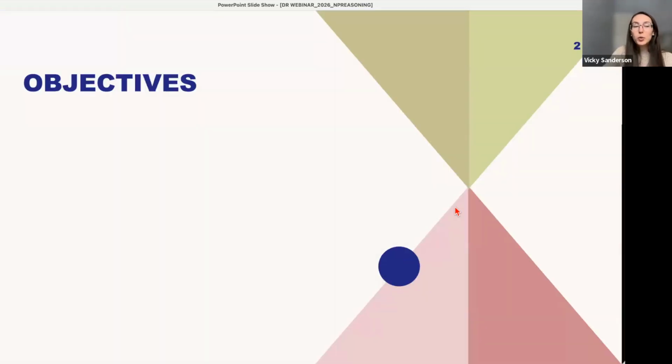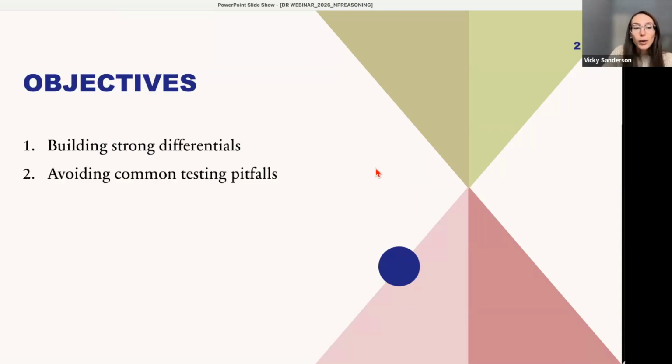So diving into it, a few key objectives that we'll try to get through this afternoon: first, some tips for building a deeper conceptualization of how we actually build strong differentials, and some practical strategies to do so. Second, I'm going to run through how to avoid, or at least be aware of, some common testing pitfalls that, truth be told, we're all prone to, myself included for sure.